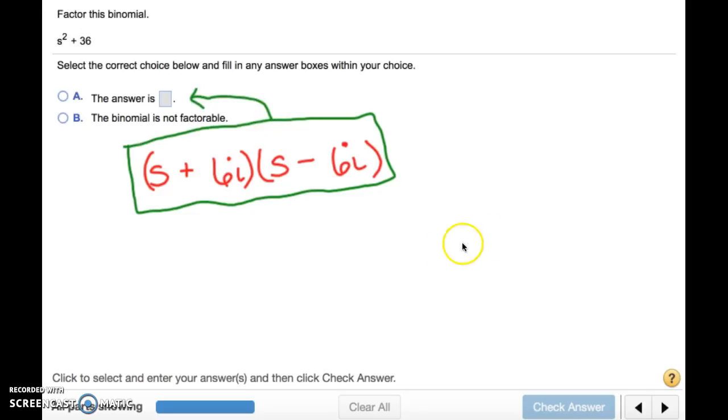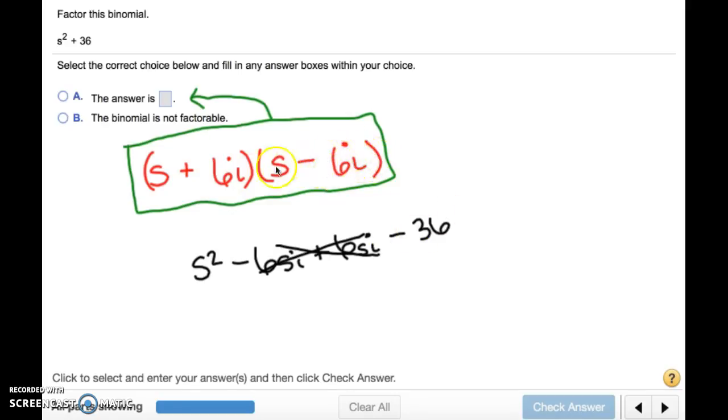But if we turn around and FOIL it, s times s is s squared. Here I get minus 6si, and then here I get positive 6si, which those are going to cancel. And I have positive 6 times negative 6, which is negative 36.